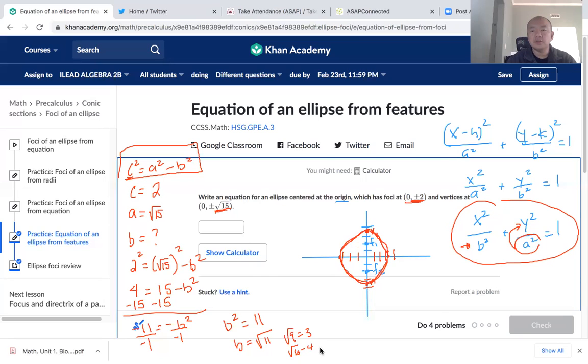Okay, so now what is the b squared here? So it's 11, because b squared is equal to 11, so you're going to put the 11 right here. So the final answer is x squared over 11 plus y squared over 15 is equal to 1. Okay, so if we plug this in here, let me clear this.